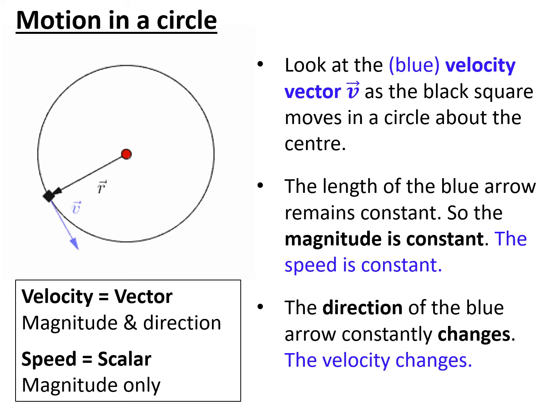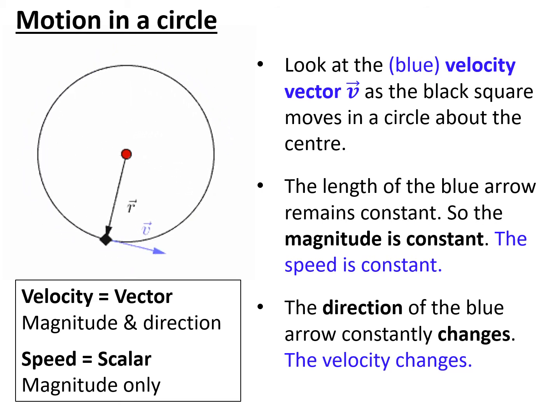So if you consider something to move in a circle, so we've got a little black square here moving in a circle. Now, you could imagine that you're whizzing something around on the end of a piece of string, like a conker on a piece of string. The speed at which it goes round is constant. The speed is constant, and the speed is represented by the length of the blue arrow.